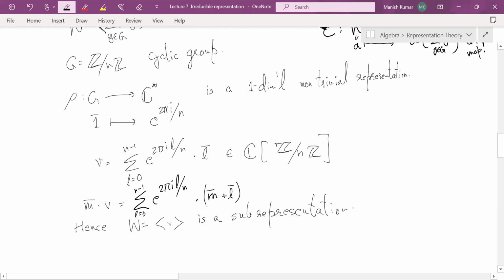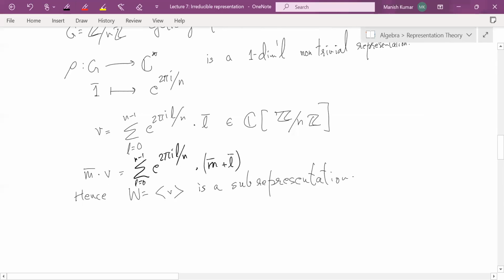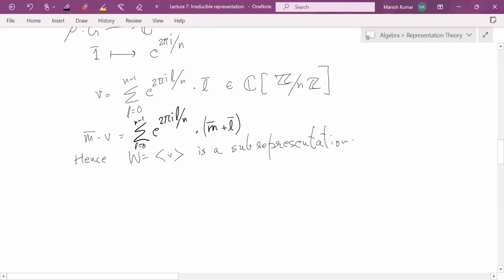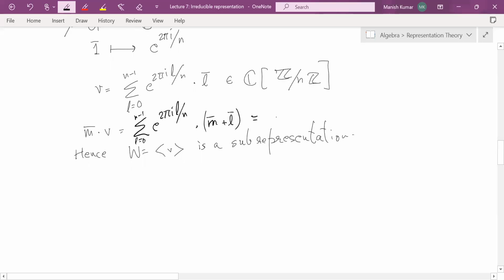I want to rewrite this in terms of v. I can think of it as the sum over l from 0 to n minus 1, and it will be more reasonable to write the exponent as m plus l over n.